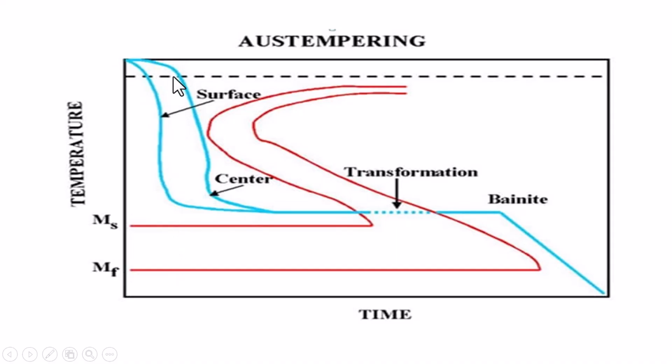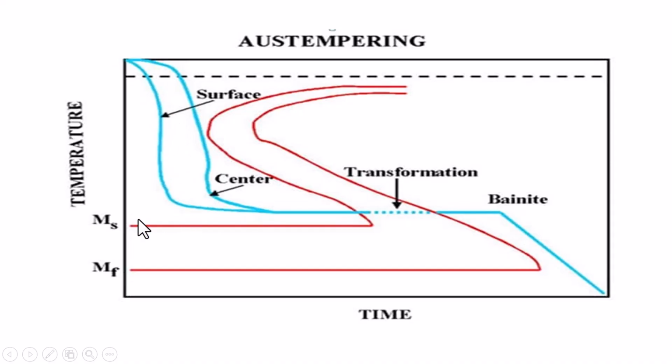But in this case, you are cooling austenite up to this region only. At 215 degrees Celsius, martensite starts forming. But above that temperature, the temperature range is nearly 540 degrees Celsius. This region is nearly 540 degrees Celsius.